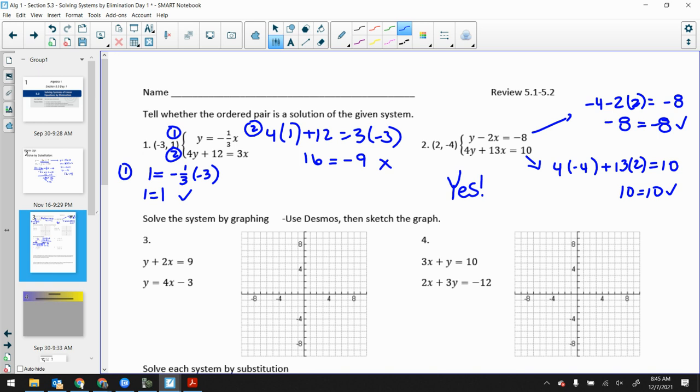Make sense? Now, can you just say yes or no on the quiz? No. I need to see the work along with the solution. Yep. So the x equation would be like the 2 comma negative 4, and then the y equation would be the 4y plus 13x equals 10.